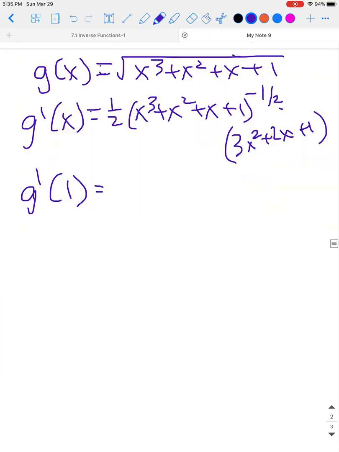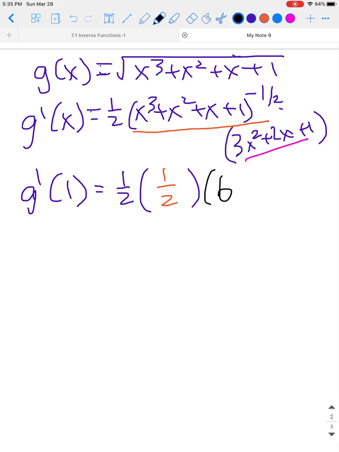So g prime of 1, which is our value, is going to equal 1/2. This expression is simply going to be 1 over the square root of 4. So that's going to also be 1/2. And then this guy at 1 is going to be 3 plus 2 plus 1, which is 6.